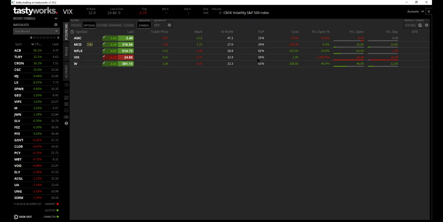The pop, it's something that I glance at, but again, something that I won't use as an elimination feature. So if I'm building a trade and I look at the pop and it says I have a 21% chance of seeing profit, I'm not going to immediately walk away from that trade. In fact, like I had mentioned earlier, I only bought this put so that I could sell puts, right?